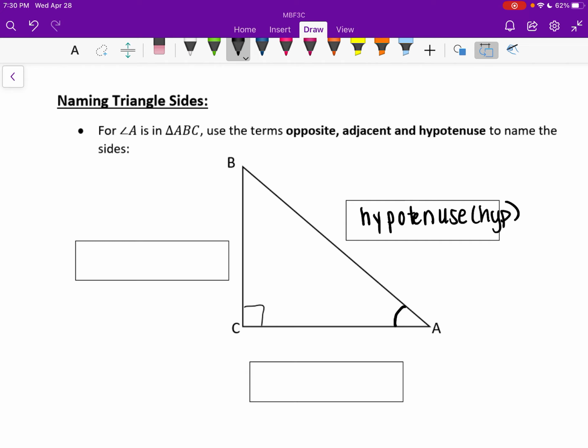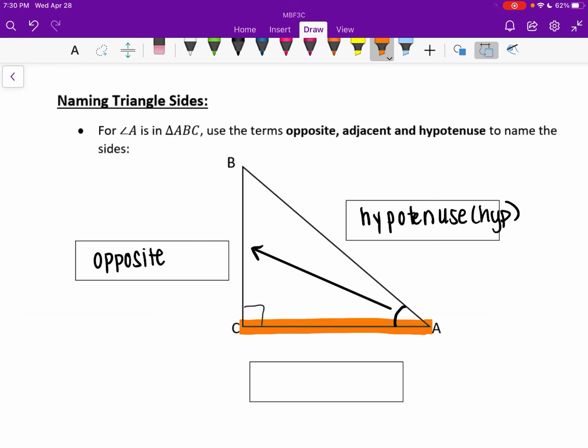So if I'm looking at angle A, the opposite is going to be the side that is directly across from it, right? So that's the opposite. And then the adjacent is going to be the one that sits with it. It's the side length that actually comes in and makes that angle, so it's right beside it.